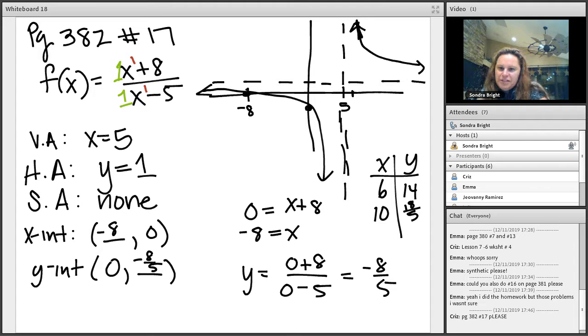All right, that was page 382, number 17. What else you got for me? We still have lots more time. Well, not lots and lots, but enough time to do a problem or two still. What else?